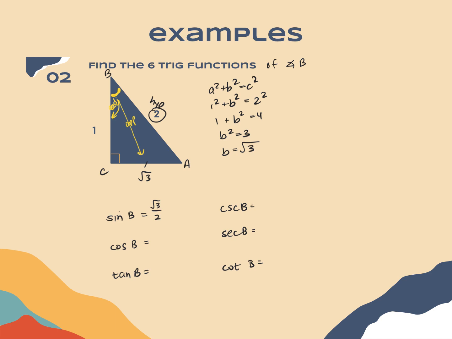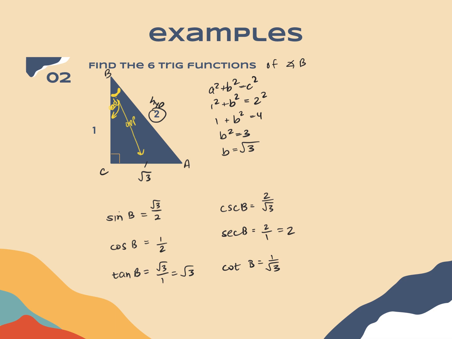The legs switch from opposite and adjacent, but hypotenuse is always the same. So that's my sine. My cosine is going to be adjacent over hypotenuse, so it's a half. My tangent is going to be opposite over adjacent, okay? And then my cosecant is going to be flipped, so it's going to be 2 over radical 3. My secant is going to be the reciprocal, 2 over 1 or 2. And my cotangent is going to be 1 over radical 3.